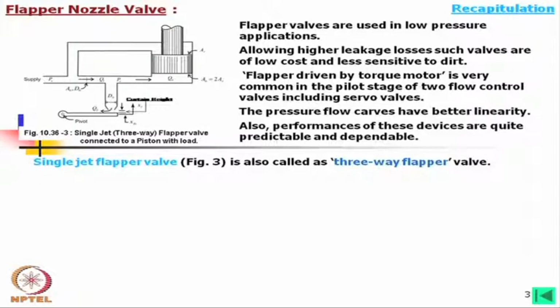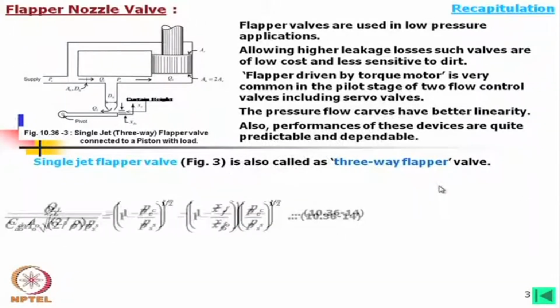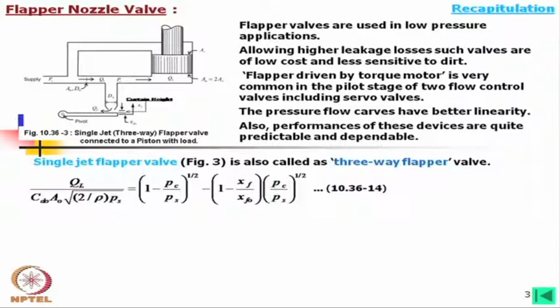Now, the single jet flapper valve, which we learned in the earlier lecture, is also called a three-way flapper valve. We should basically call it a flapper valve, but once a single jet valve is there, then we call it a three-way flapper valve. Now, for that load flow equation which we derived earlier, we find the load flow divided by the fixed orifice area A0 times the coefficient of discharge.